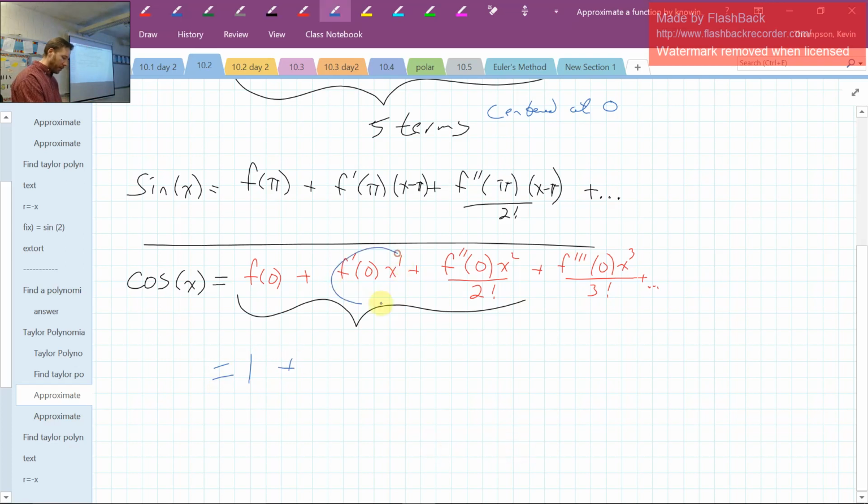Plus, what happens here? 0. That one's now 0. So do you see what's changed? Before, all of the odd ones were there and the even ones were gone, and now it's reversed. Now all of the odd ones are zeros.